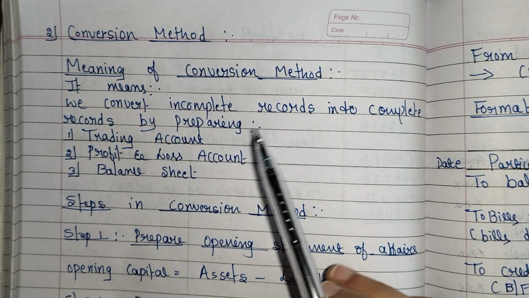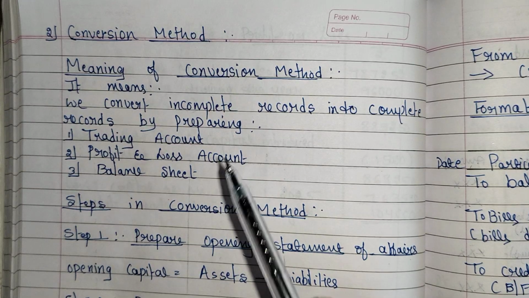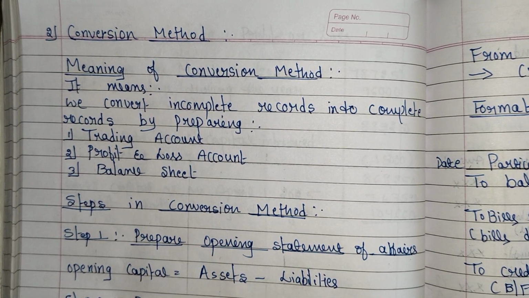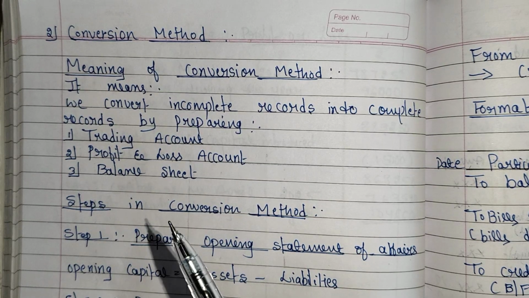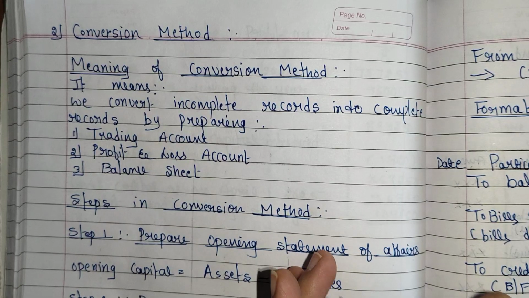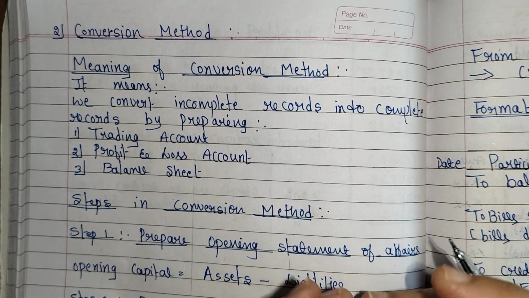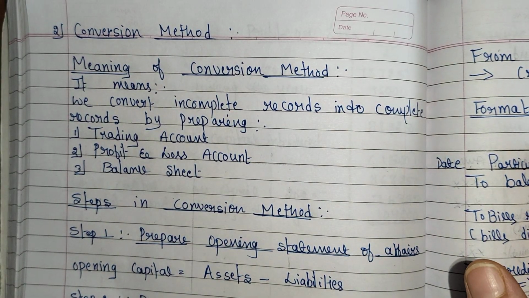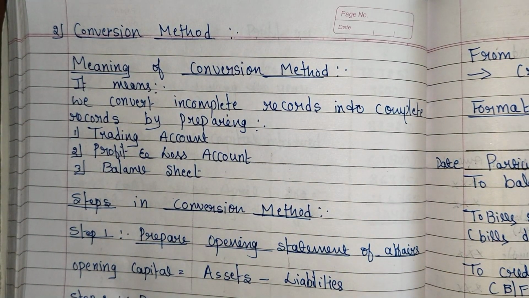In double entry system, we prepare these, right? So this is the conversion method. It is just like the double entry system. Means in the conversion method, we try to reconstruct missing accounts.